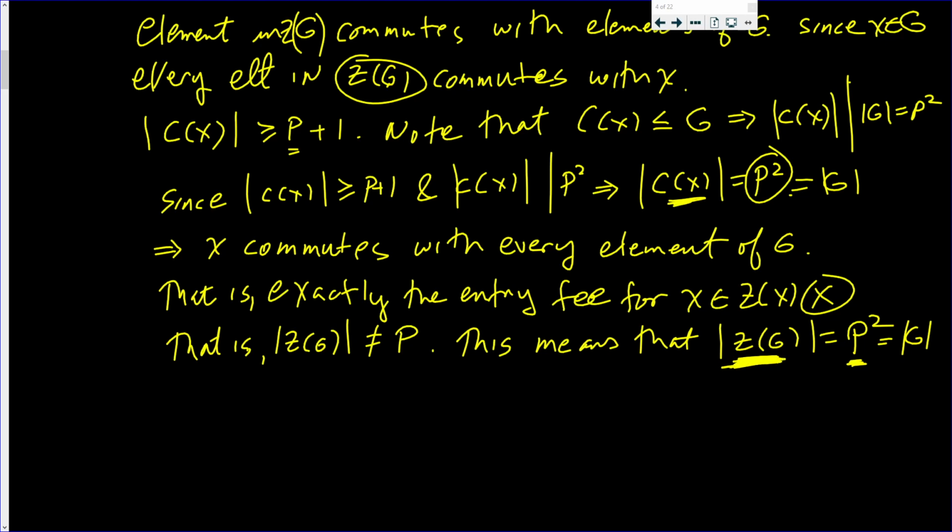And how did they get in the center? They commute with every element of G. Hence G is abelian, because every element of G commutes with every element of G. That's exactly the definition for G to be abelian, and that completes the proof.